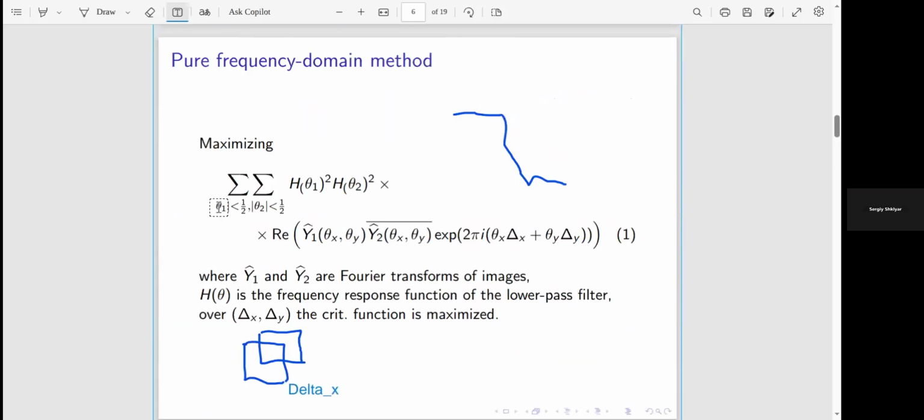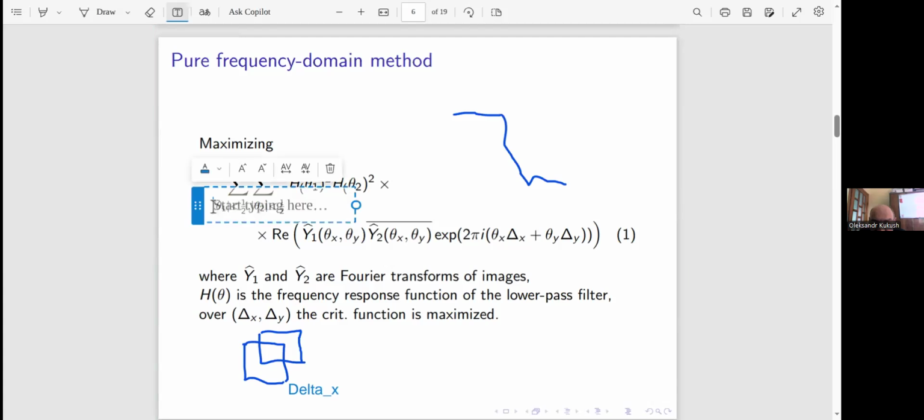And theta 1 is the same as theta x, right? Yes. And theta 2 is the same as theta y. Yes, thank you. Theta 1 and theta x are just the same quantities. Sorry, it is bad notation.